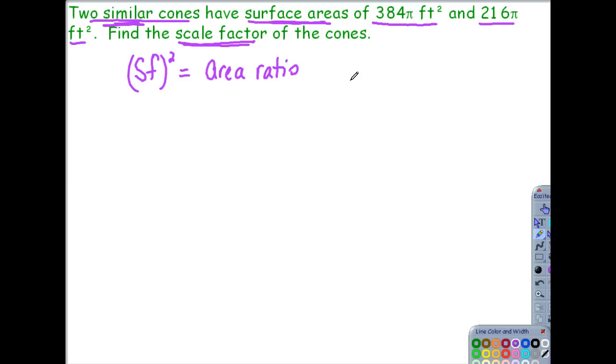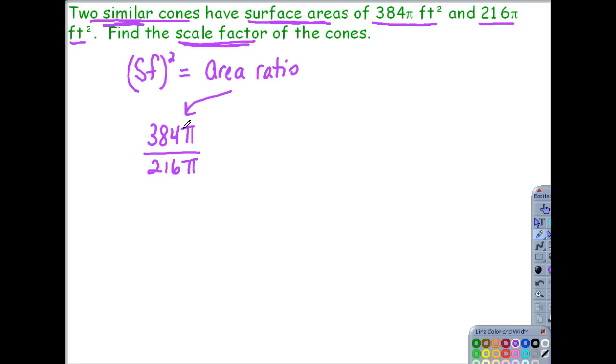So we're going to have to work backwards in a sense, kind of like the last one. So what do you want me to write down? Well, we know they're giving us our surface area, so we know our area ratio. And we can set it up as 384 pi over 216 pi. Don't forget that pi. Yes. And that's your area ratio in a sense.